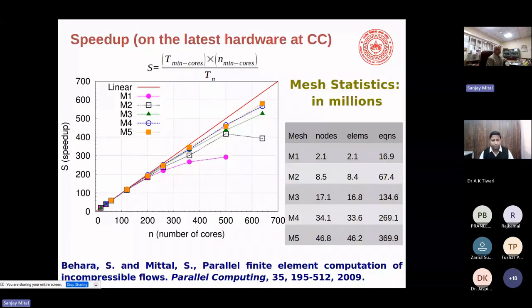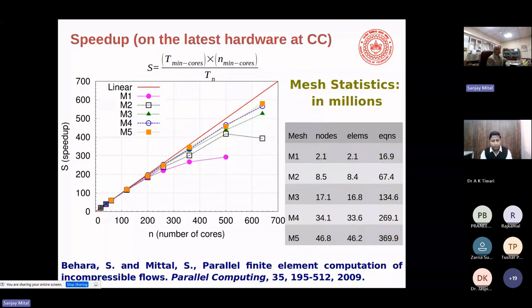So on the x-axis, you see the number of cores. The y-axis is how much the code speeds up. So if you had an ideal situation, you would see the red line, that the more the number of processors you use, the faster you get. But that very rarely happens.